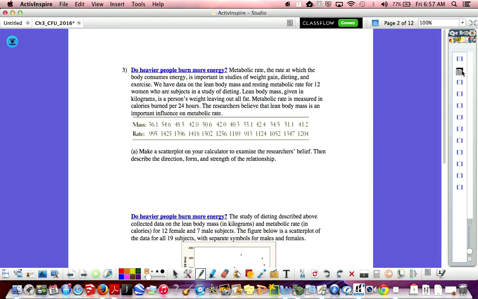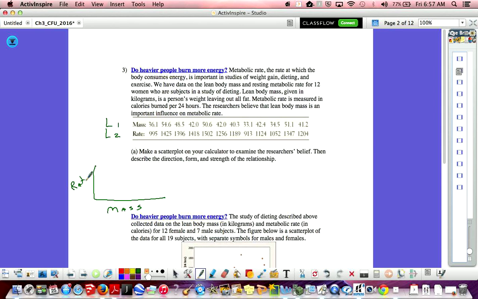So what I'm going to do right now is show you how to enter this in on your calculator. I'm going to enter all my mass in list 1 and the rate in list 2. And I'm going to be making a scatter plot, this is going to be mass versus rate.